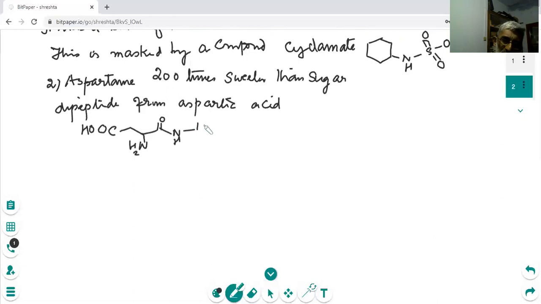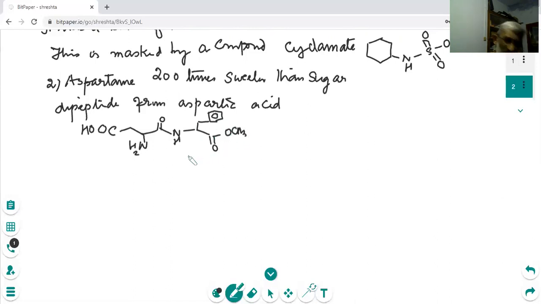Now you have phenylalanine, COOCH3. See here, it's an ester.